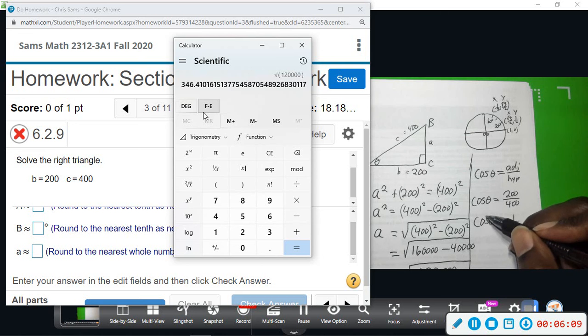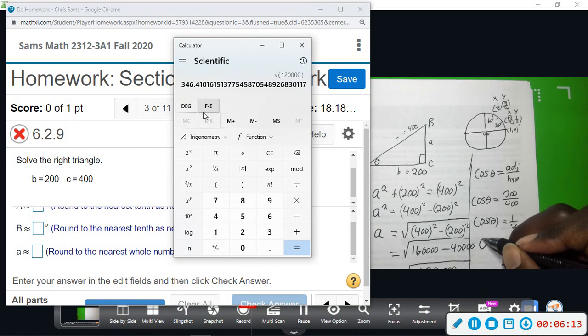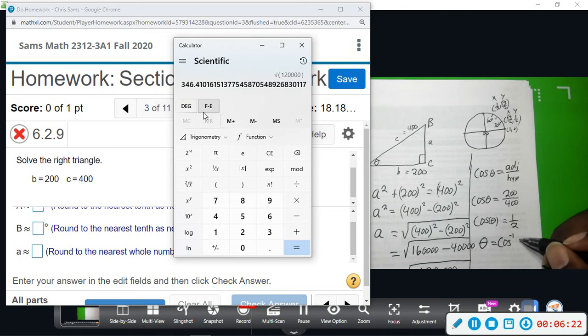We have to get rid of the cosine and move it over here, so we do inverse cosine. So theta equals inverse cosine, that's cosine with a -1 up here, of 1/2. And when we evaluate this, we should get 60. We should get theta equals 60.